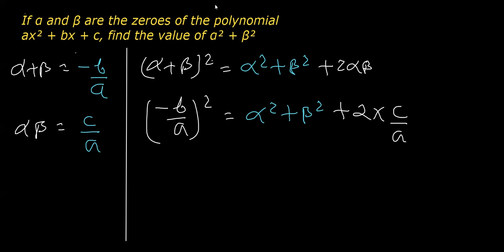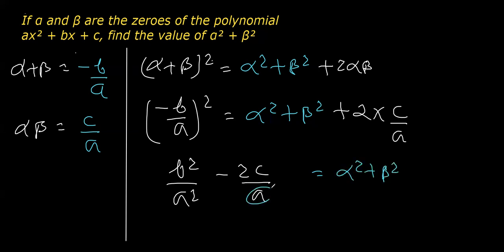Now what we can do here is find the square of this. Negative b square is b square over a square. If I transpose this to the left, I'll get minus 2c over a, which is equal to alpha square plus beta square.